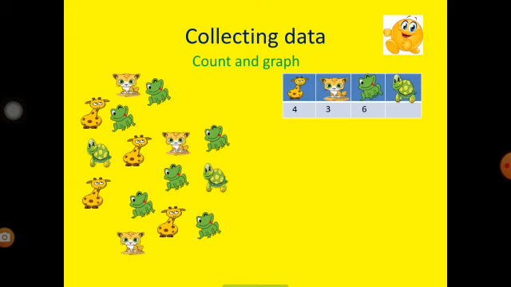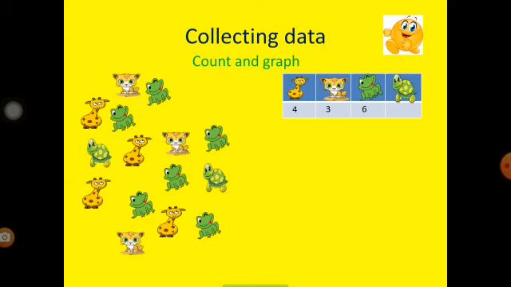And the last one. How many turtles do I have in this picture? Look and think. 1, 2, 3. It's 3. No, it's wrong. It's not 3. Look and count again. 1, 2. It's 2.